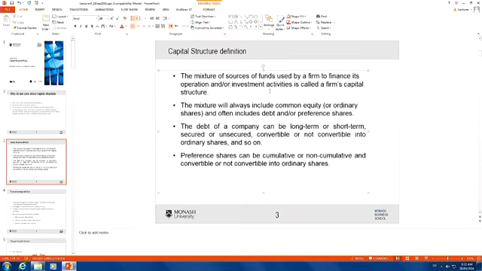But once the firm starts growing, they start to consider other external financing resources. What kind of other external financing resources? Debt, for example. Then the students may ask, since we already have the equity financing, why do I care about debt?